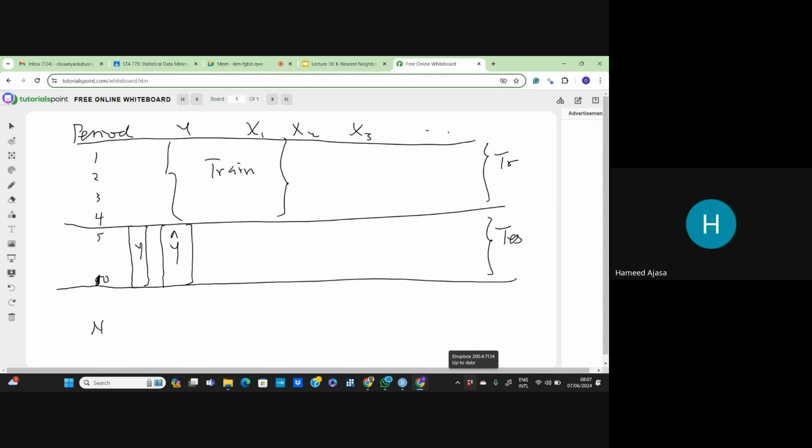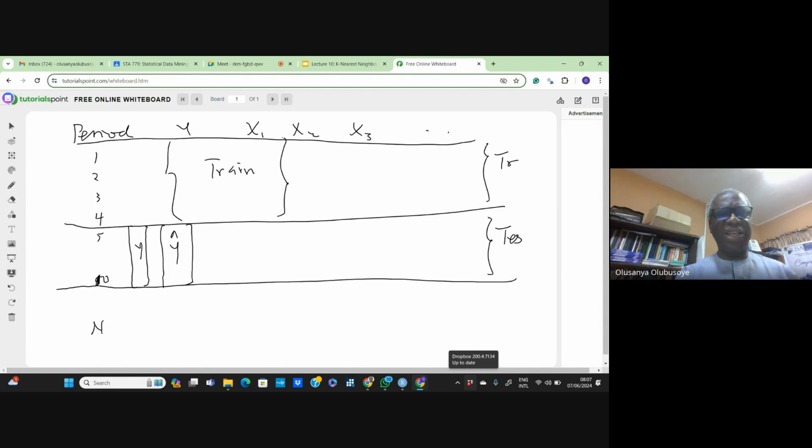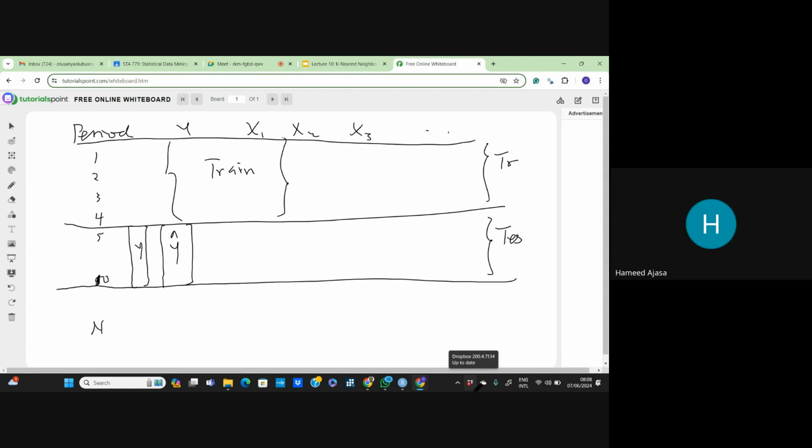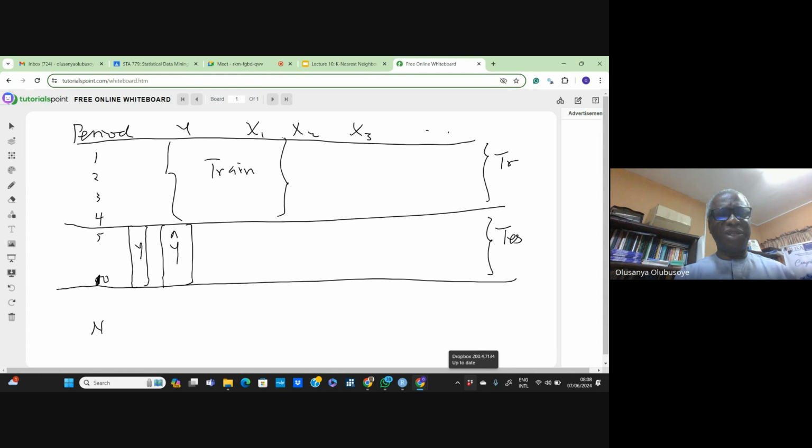After predicting the y here, you evaluate the predictive performance based on the accuracy, whatever measure of accuracy you want to use.